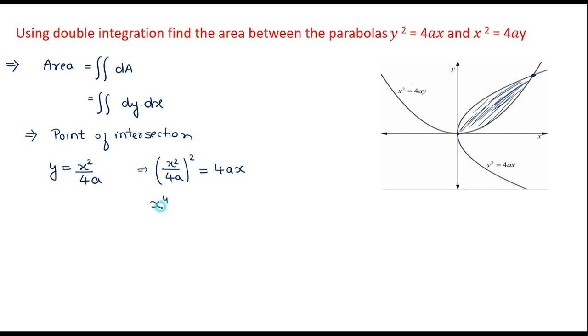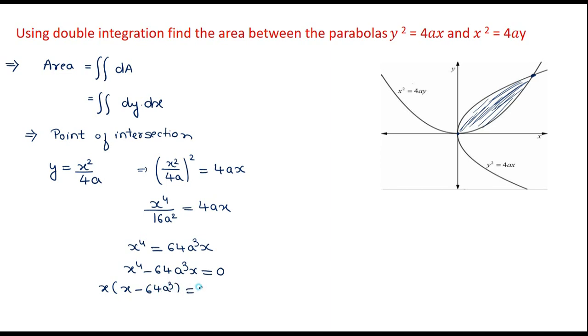So it is x raised to 4 by 16a square is equal to 4ax, that is x raised to 4 is equal to 64a cube x. So x raised to 4 minus 64a cube x is equal to 0. Taking x common, x times x cube minus 64a cube is 0. So x is 0, or x cube minus 64a cube is equal to 0, which implies x is 4a. So x is 0 and x is equal to 4a.